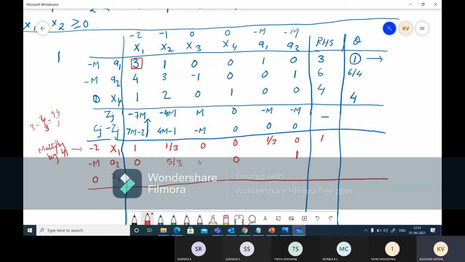Subtract from minus 1, so this is minus 1 only. Multiply this 1 by 3 by 4, so it is 4 by 3. Subtract from this 0, so it will be minus 4 by 3. Same thing, multiply this 1 by 4 and subtract from this 6, so it will be 2. Then going to the next one.